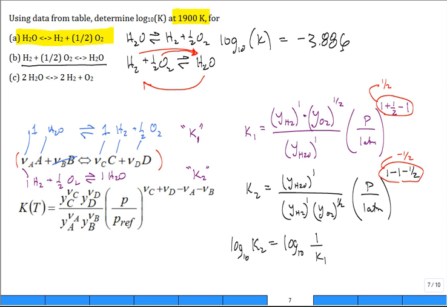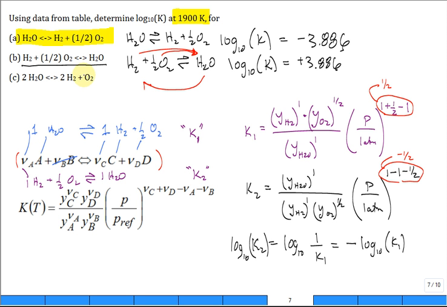So the log base 10 of K2, what I really want for the new reaction for part B, is equal to log base 10 of 1 over K1, which is negative log 10 of K1. So if I want to calculate log base 10 of K for the reaction for B, it's equal to minus a minus. Switch the equation around, the log base 10 of that K switches sign.